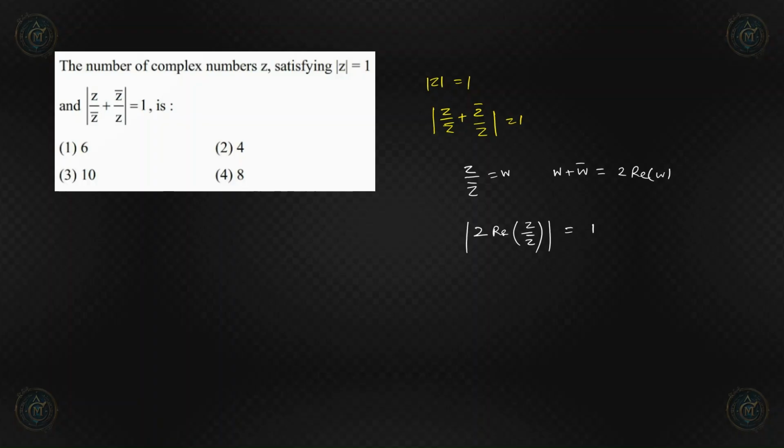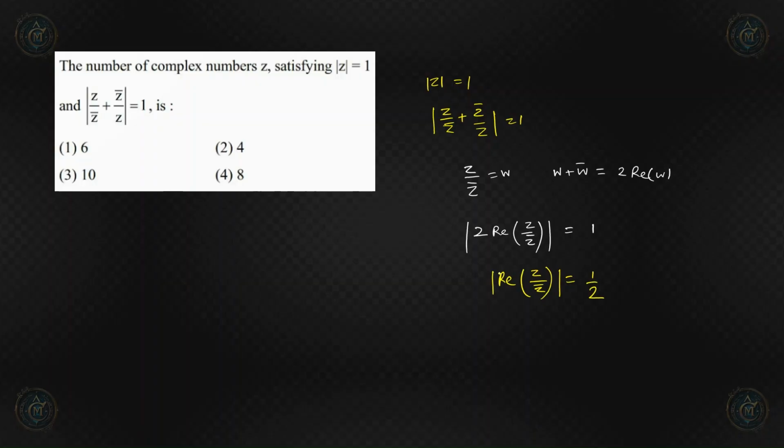Because the real part can be both negative and positive. Modulus of a complex number basically denotes the distance of the point which represents the complex number from the origin. So we have these 2 points basically, one corresponding to plus and one corresponding to minus. That's why we have this modulus sign here. So this we can write as mod of real part of z by z bar is equal to half.